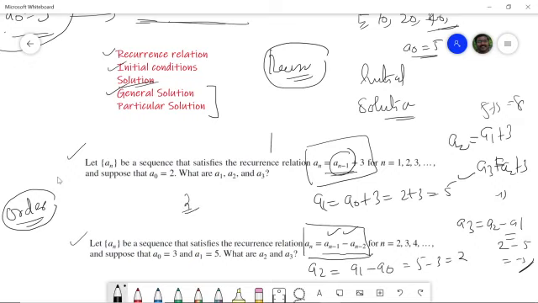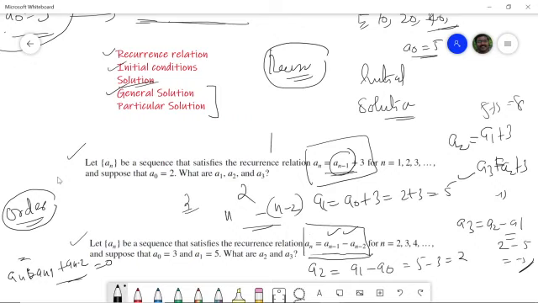In other words, the order is also defined as the difference of the largest index in the relation minus the smallest index. In this relation the largest is n, the smallest is n minus 2, so the difference is 2. Sometimes your relation is like this: a_n plus a_(n-1) plus a_(n-2) is equal to 0. I have written this relation as an equality here.